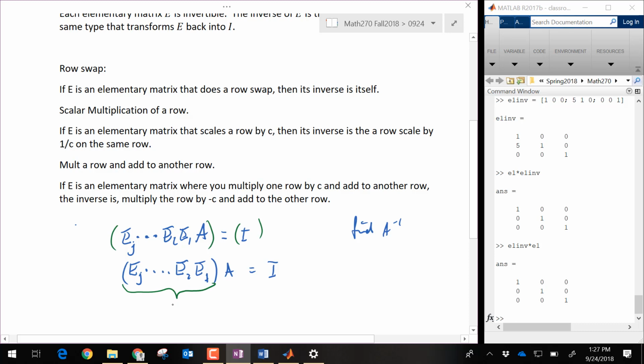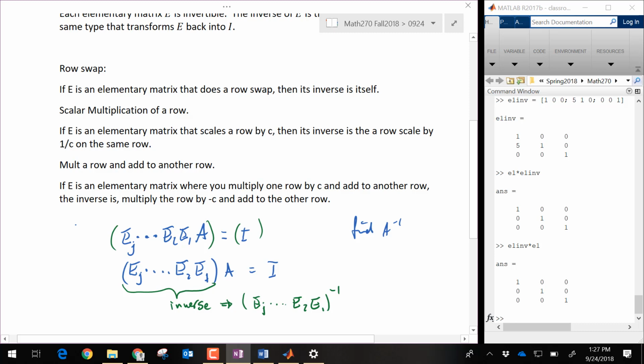So let's call this, we want the inverse of EJ times dot dot dot E2 E1. So this thing has an inverse.